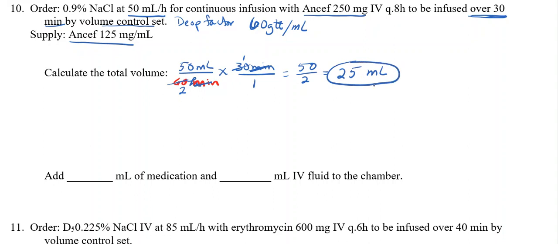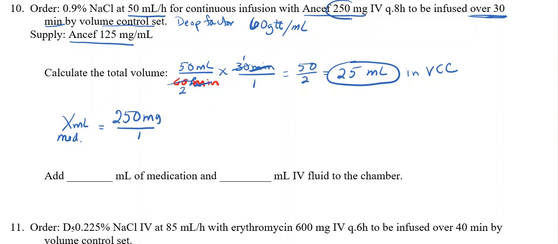My total volume in my IV chamber, or my volume control chamber. Now, because it's asking how many milliliters of medication, I have to calculate my medication. That's my doctor's orders, which is the 250 milligrams over 1.